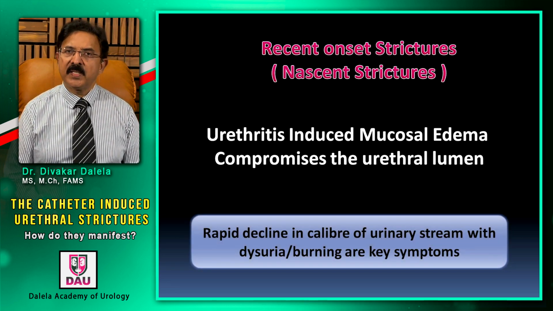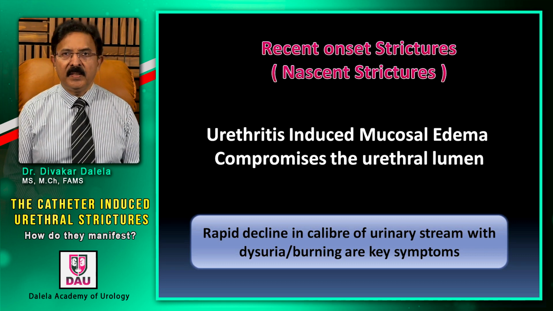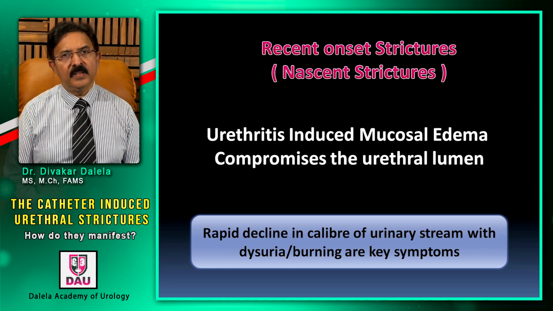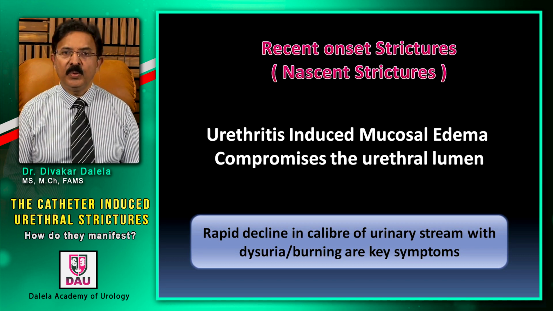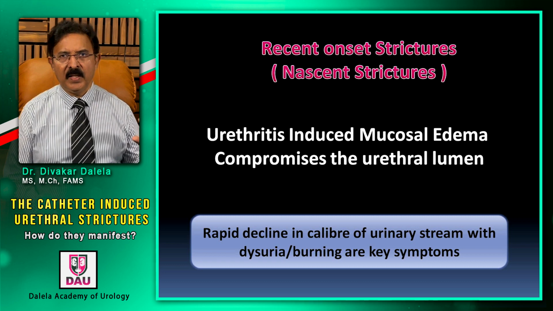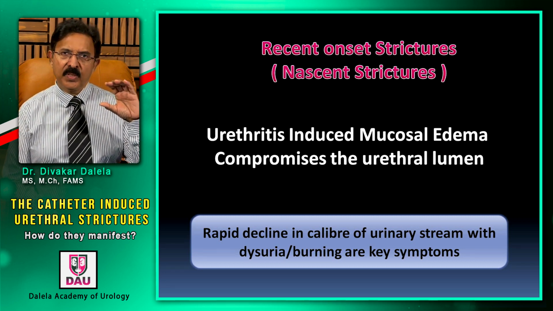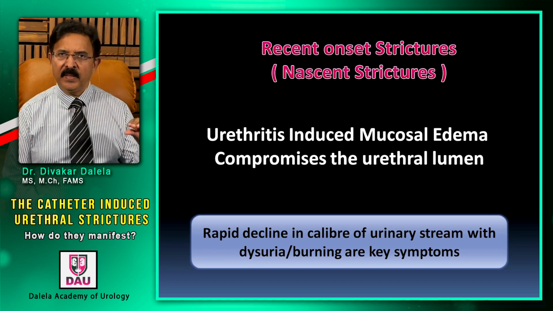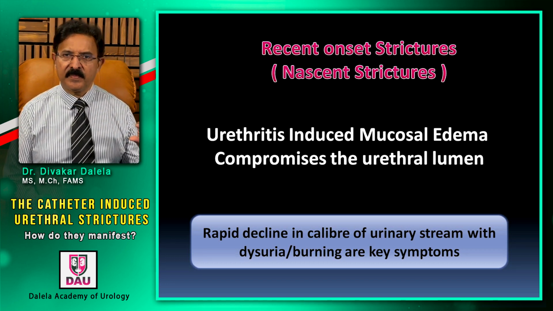The recent onset strictures, or the nascent strictures as I like to call them, pathologically have mucosal edema due to urethritis. So the entire urethra gets swollen up, and the swelling of the mucosa will compromise the urethral lumen. So technically it's a narrowing of the lumen, but not by a fibrotic process.